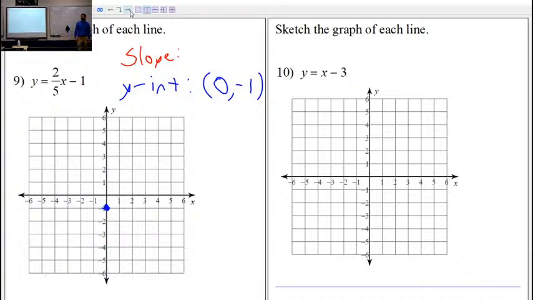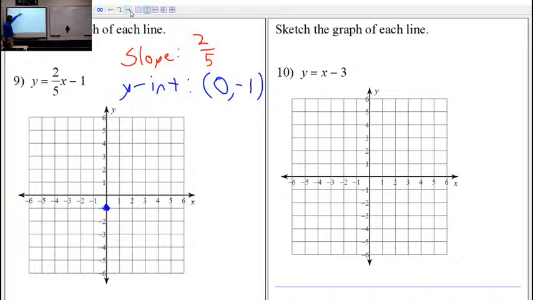Then we're going to travel along our slope to give us our direction. Our slope here is the number attached to the x, so it's going to be what? What number is attached to the x? 2 over 5, 2/5. Our slope is 2/5. This is a positive slope, so that means I want to move in my positive directions.